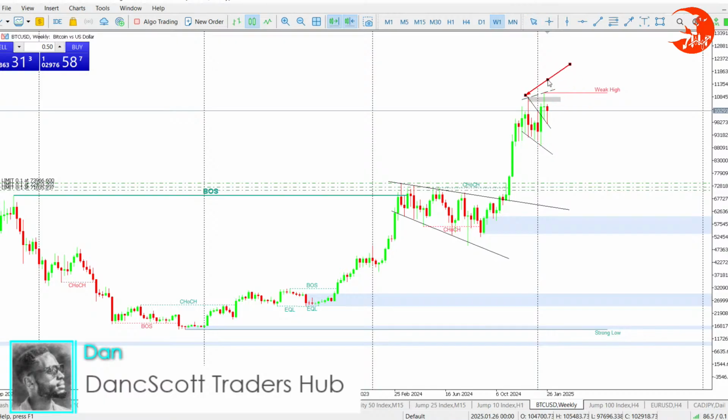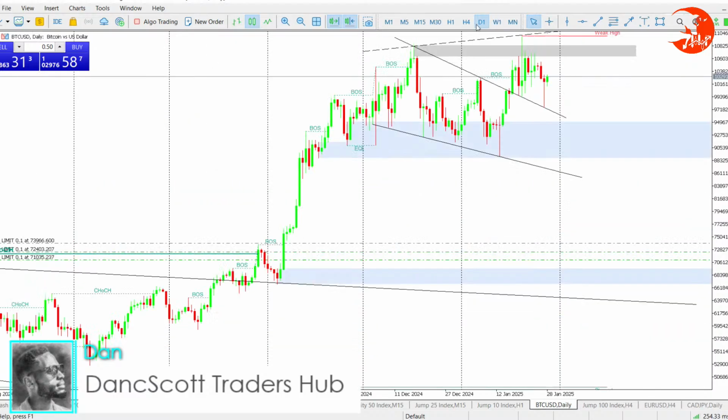That's why it is a strong high right there. This is a weak high because it hasn't given us a confirmed lower, higher low. So for now, we still maintain this as our strong high, and clearly we have a resistance level right here, and the price came back to it when it was trying to push for a new higher high there.